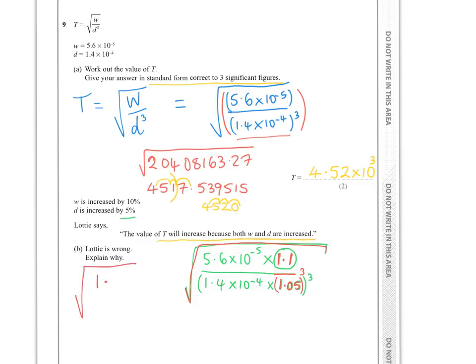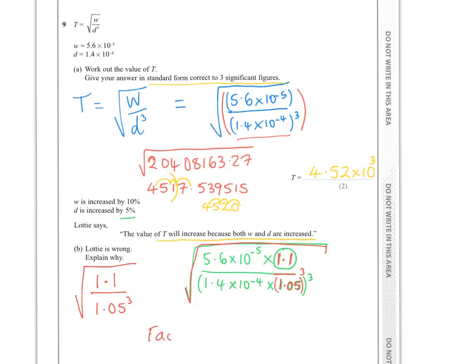So if we do 1.1 divided by 1.05 cubed, again, lucky we've got a calculator, so 1.1 divided by 1.05 to the power 3, and then I'm going to do that to the power half, i.e. square root it.